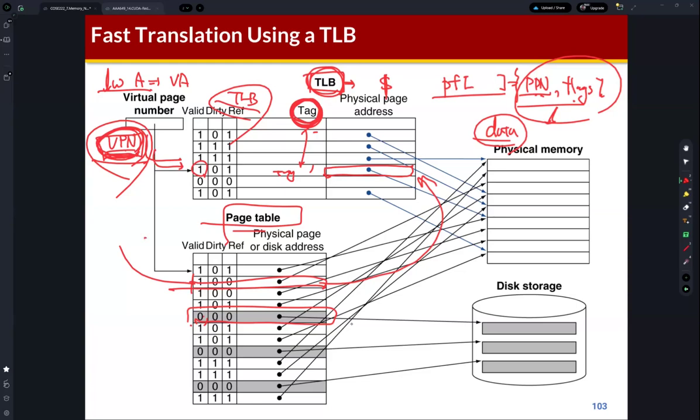The base address of the page table is stored in the page table register for each process, and the CPU also supports the access to the page table. First we access the TLB, and if a TLB miss is encountered, then we access the page table in memory.